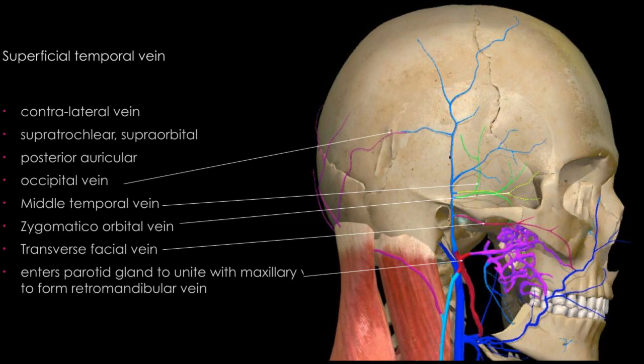As the superficial temporal vein enters the parotid gland, it goes inside it and unites with the maxillary vein to form the retromandibular vein. So the retromandibular vein is formed by the union of the maxillary vein and the superficial temporal vein.